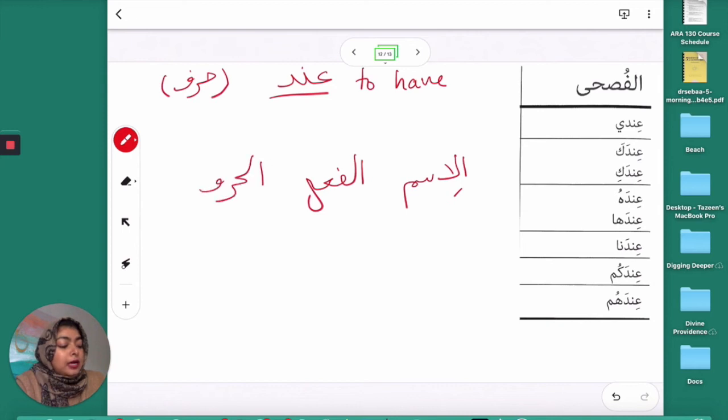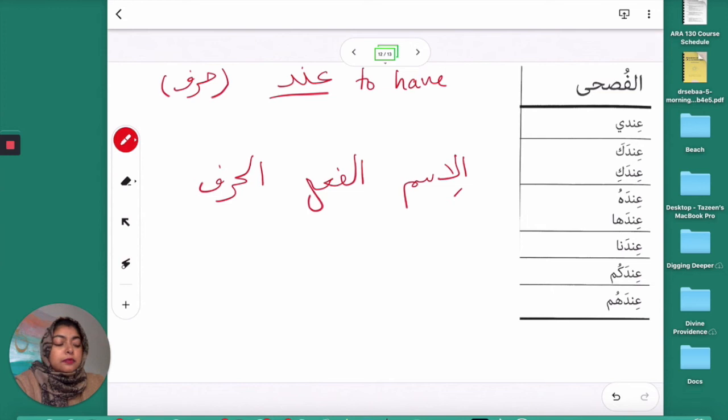And you have الحرف, which is a preposition, words that have to come with some other noun to give it meaning. حرف are things like in and over and on and to, those small words that we have. Words that we've done that are حروف are things like إلى, على, من.